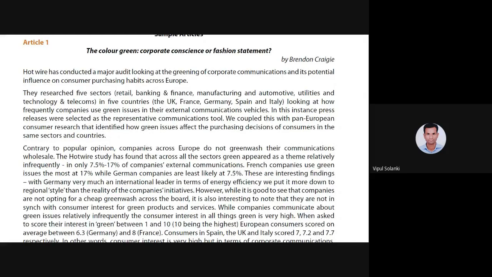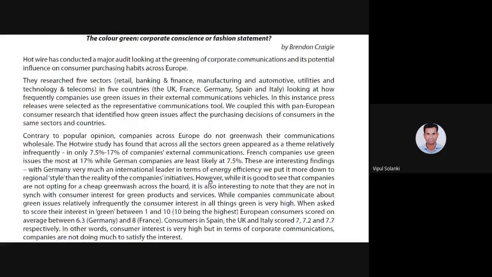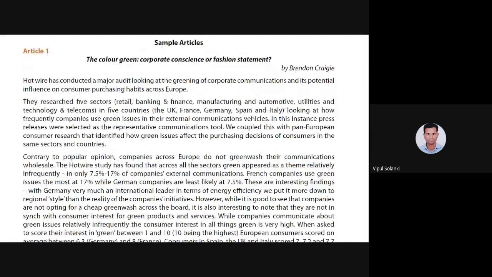So you have this article, this study booklet, right? I request you all to take 5 to 7 minutes time and read this article, please. When I say read, you try to read and understand.